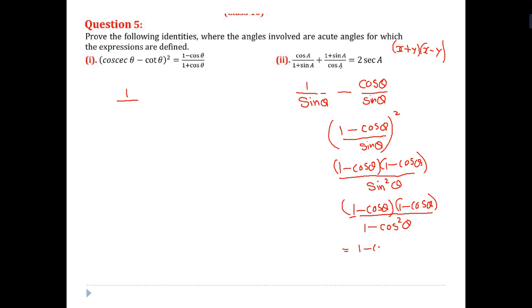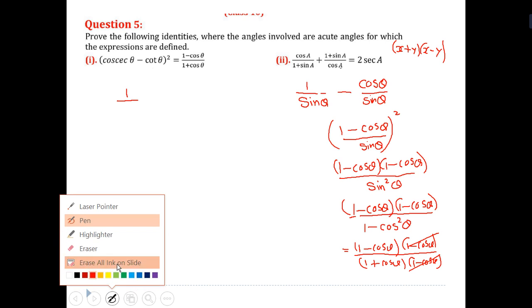So 1 minus cos theta, 1 minus cos theta, and in the denominator 1 plus cos theta and 1 minus cos theta. So that should be cut. So 1 minus cos theta upon 1 minus cos theta. Let me see that we are doing this the correct way or not.